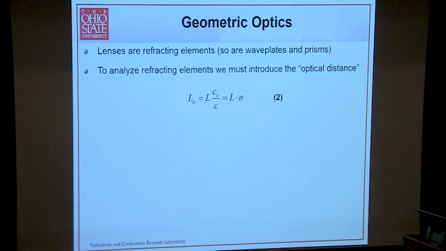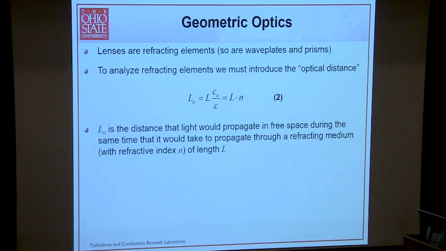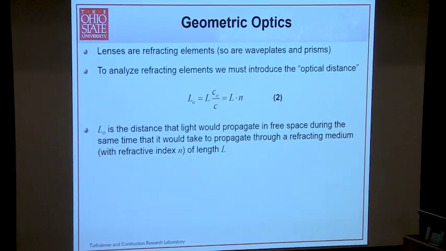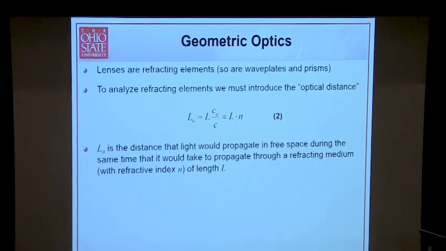Okay? We also need a quantity called the optical distance. The optical distance is defined as L times c naught over c, or L times n. Okay, what is L? L is the physical length. And L naught is the distance that light would propagate in free space in the same time it takes to propagate through a medium that has a certain refractive index.